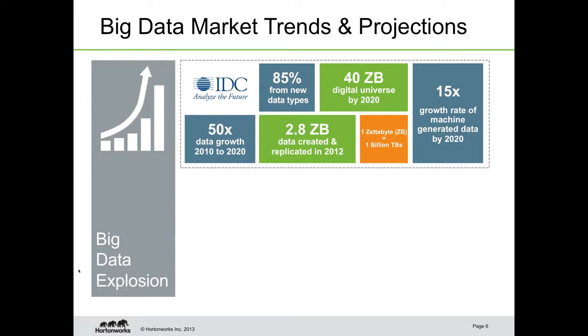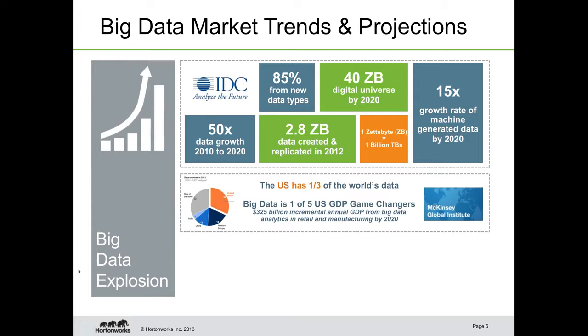Now, what's also interesting in the IDC data is that 85% of that data comes from new data types, data that wasn't traditionally being captured by systems that organizations have. So this is net new kinds of information that can give new insight if it can be cost-effectively captured and analyzed and blended with those existing systems. So that's some data from IDC.